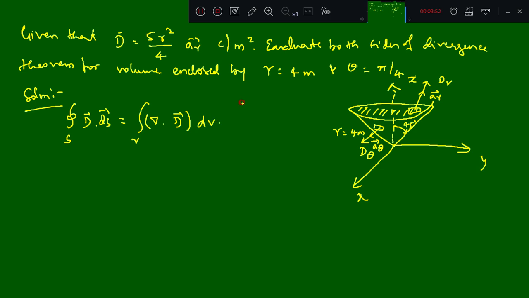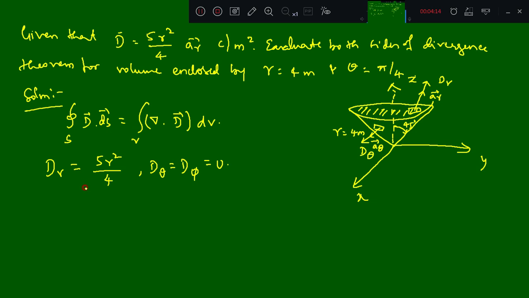This should be verified. So we have only the Dr term in the problem, Dr equal to 5 r square divided by 4, and D theta, D phi both are 0.